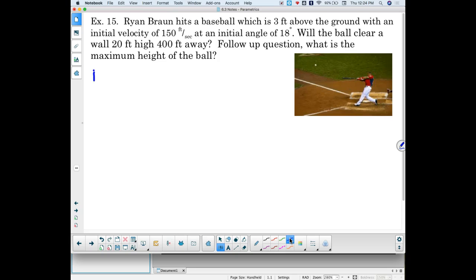So, what is my x equation for the ball, or the x part for the ball?